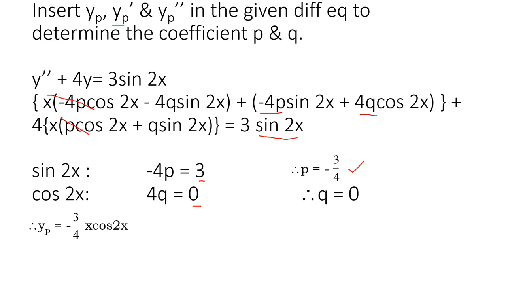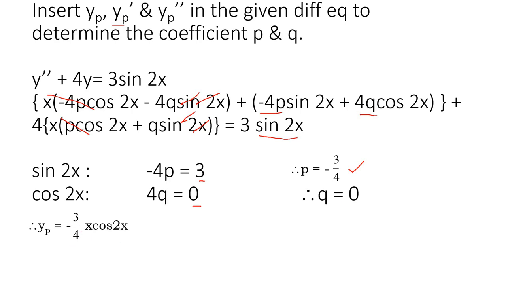This negative 4qx sin 2x, this one and this one cancel each other. That's why after simplifying, you get only negative 4p sin 2x plus 4q cos 2x equal to 3 sin 2x. Then compare the coefficients. You have negative 4p equal to 3, and 4q equal to 0, hence q equal to 0.